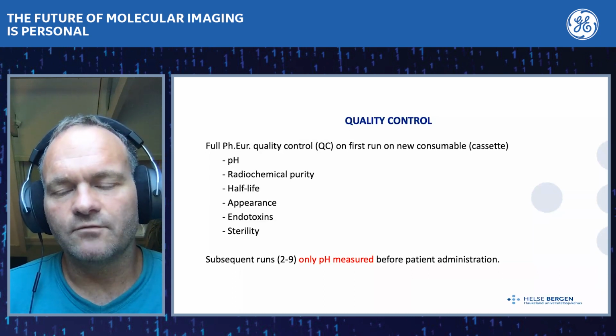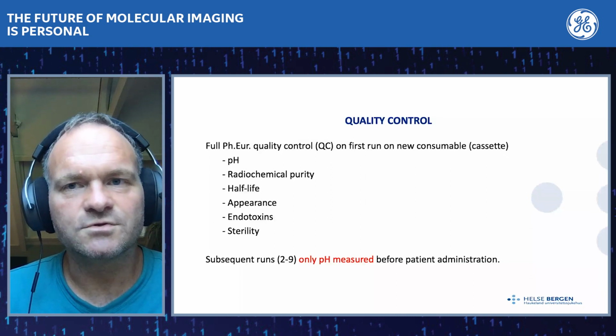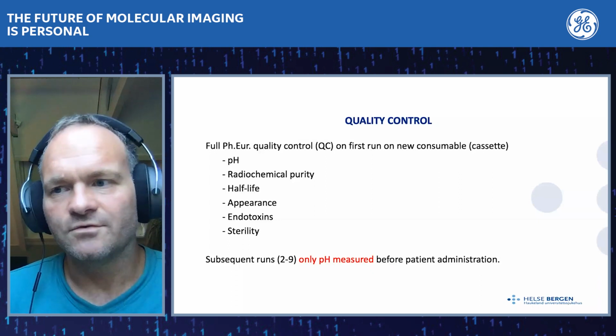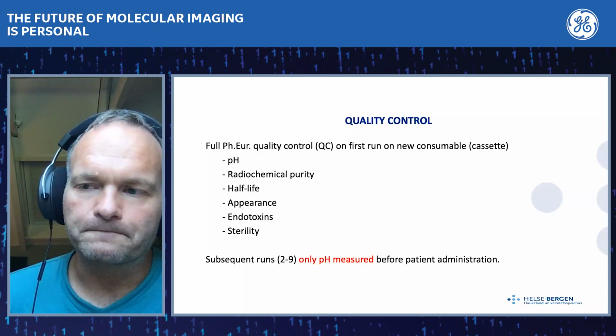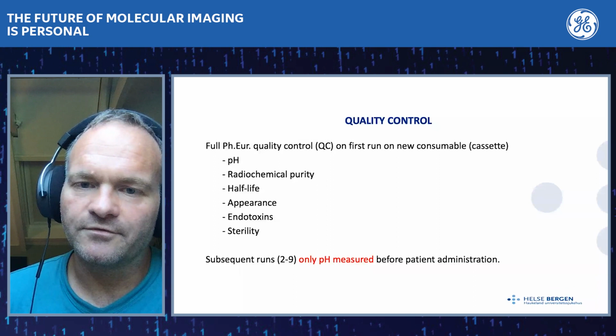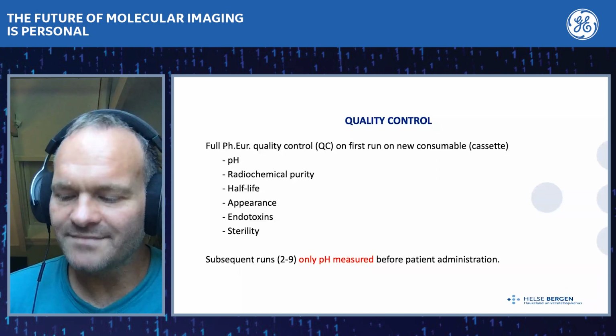And that would save a lot of time, of course, for the quality control. You're sort of limited within the 10-minute half-life to do a lot of quality control. So if you then spend the first batch for quality control, then the subsequent ones are easy to administer to the patients.